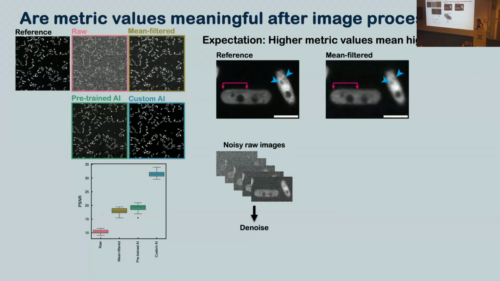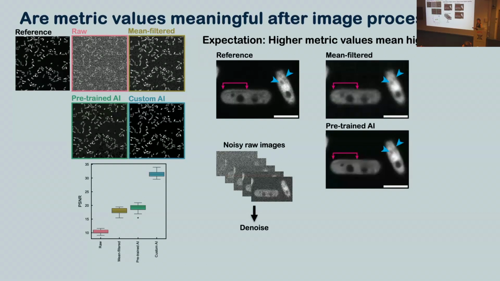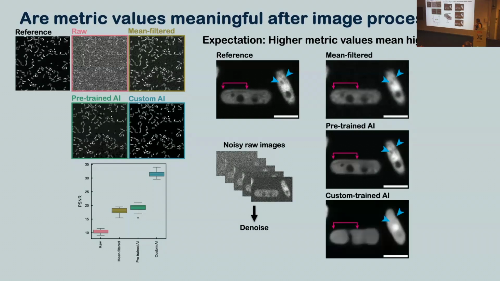If I denoise one of my raw images using the pre-trained AI, we do a bit of a better job, right? We can see we've maintained some structure here, so we've got some structure back. That seems pretty good. And if I denoise one of these noisy images using a custom AI, you'll see this is, with the best one in the world, complete garbage. That is not what it is.